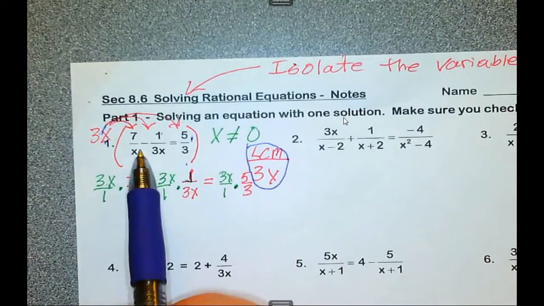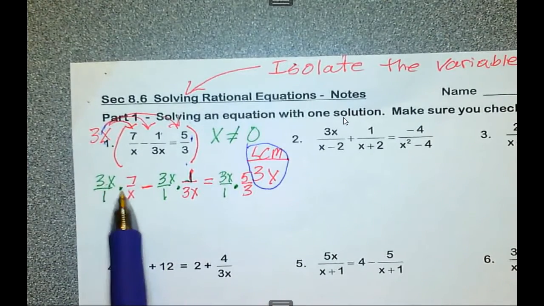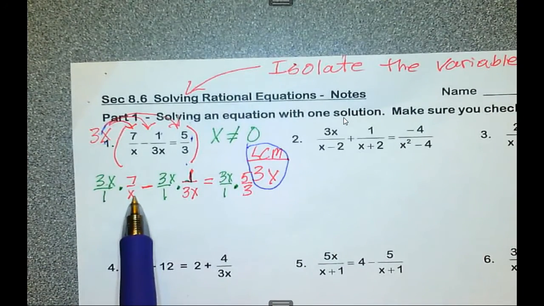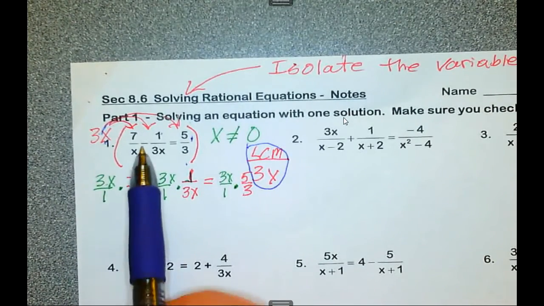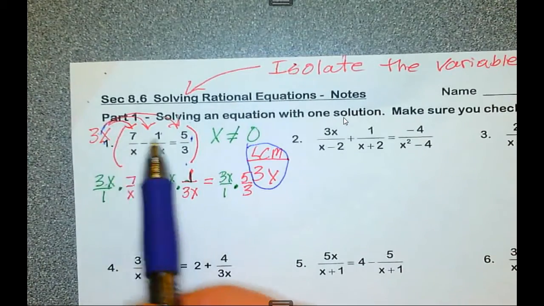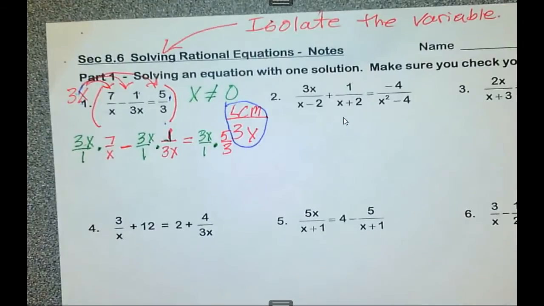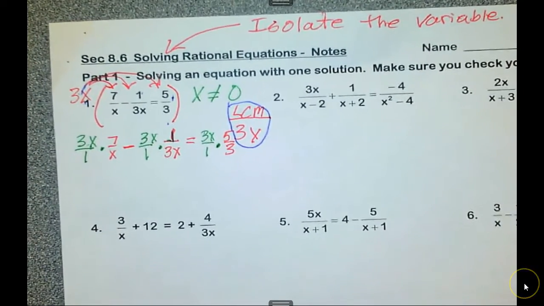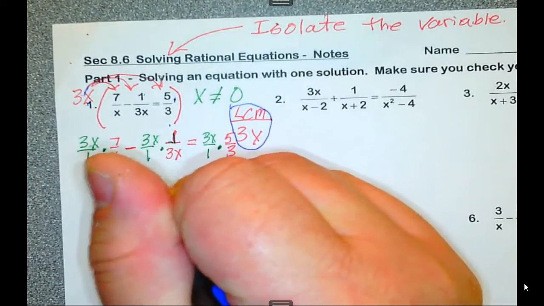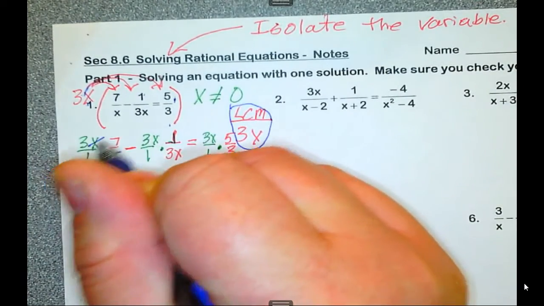3x times 7 over x, okay, minus 3x. Well, I'm going to cancel out while I multiply. Again, the whole idea here is to get rid of the fraction. So my x's, I can cancel out a factor of x, right?